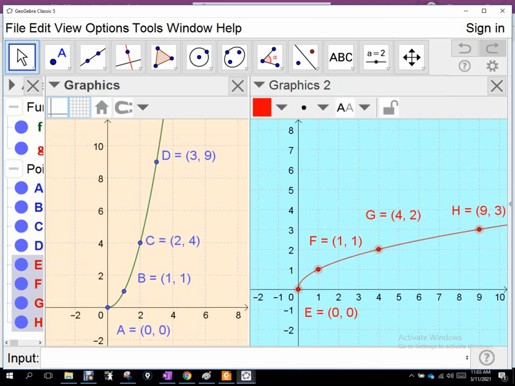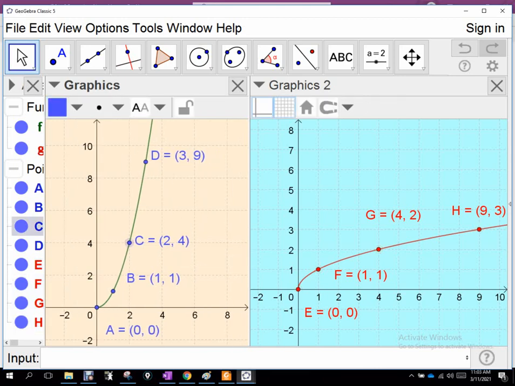If I look at B and compare it to F, they're kind of the same thing. When I look at C and I compare it to G, okay, they're not flipping quadrants, but the coordinates switch spots, right? If C is 2, 4, then G is 4, 2. We change the x and the y, right? Okay. That happens because they are inverses.